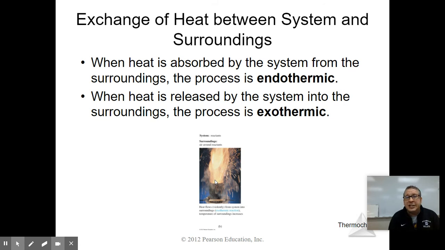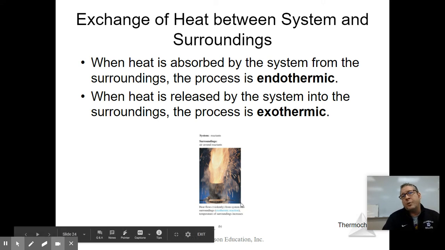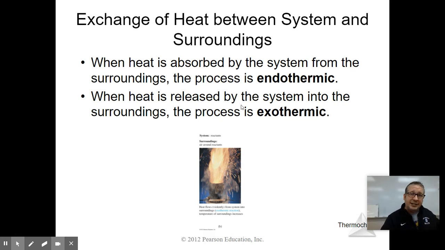When heat is released by the system into the surroundings, we get what's called an exothermic process. Again, much like we saw with endothermic or endergonic and exergonic, when heat is absorbed by the system, it's going into the system, and when heat is released by the system, it is exiting the system.